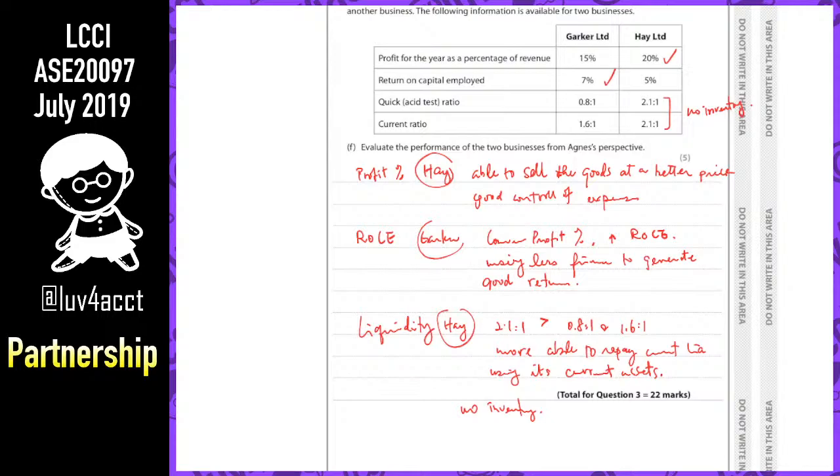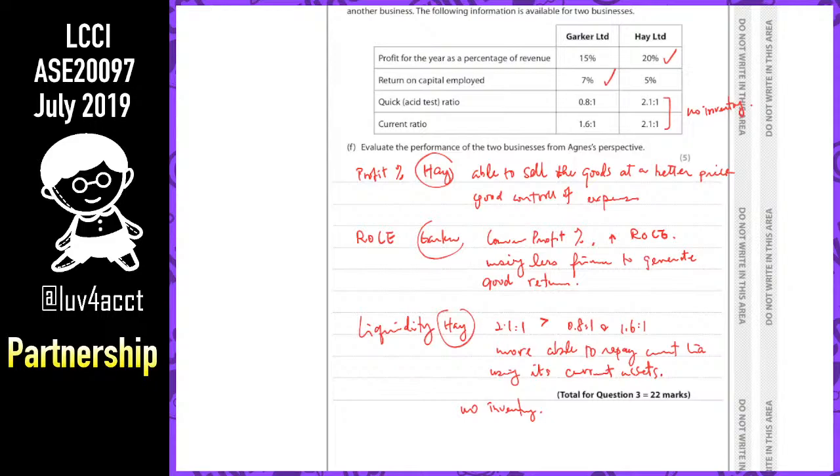And for Gaka, it is a little bit more risky, because the liquidity is not that good. But then still making a good return for potential investors. You have to see if you are a risk taker or you want to get some safe money for return. So that's my conclusion.